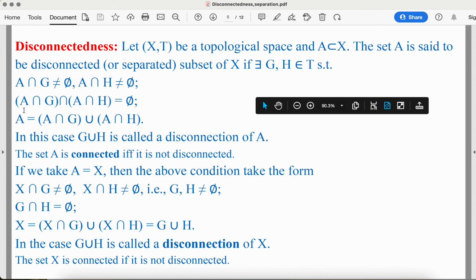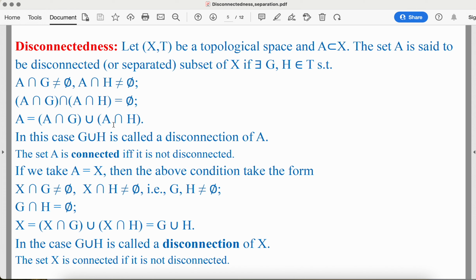Secondly, A ∩ G ∩ H is an empty set, and A is equal to (A ∩ G) ∪ (A ∩ H).